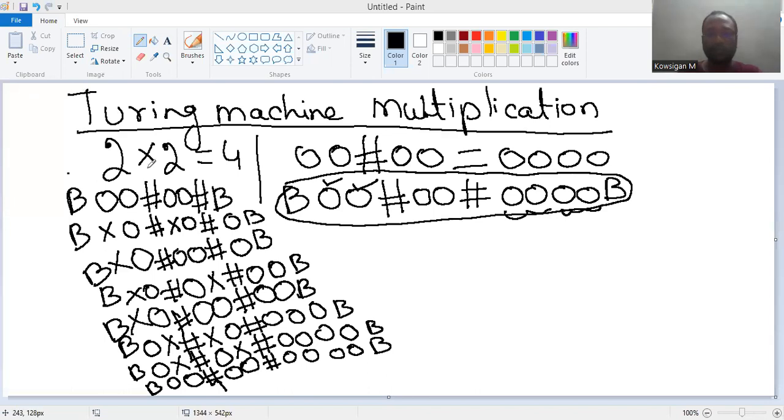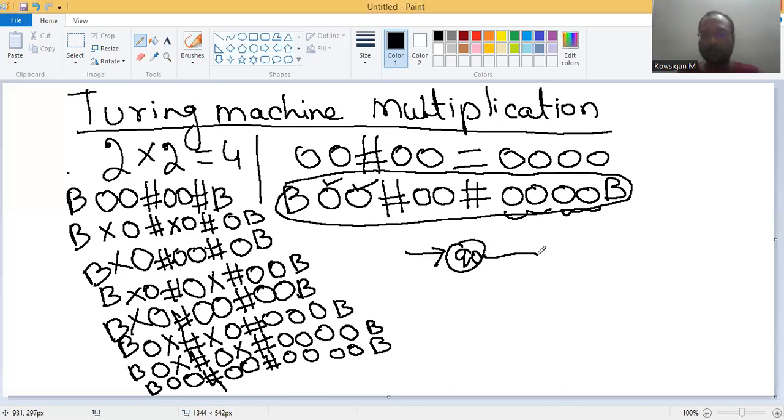So you can see here. We will start from the initial state, the 0. The 0 will be replaced as x, and we will be moving to the right hand side until we reach the hash. So that should be drawn first. I'm starting with the initial state, Q naught.